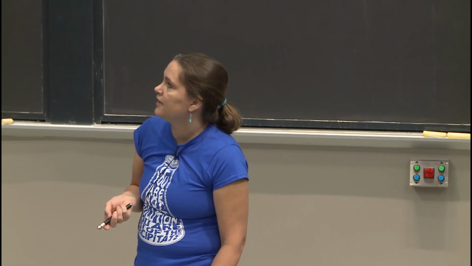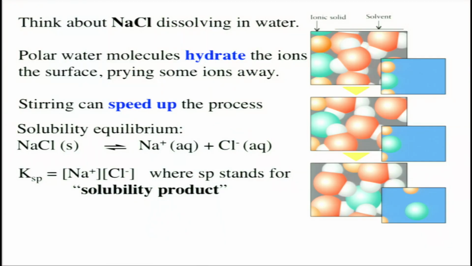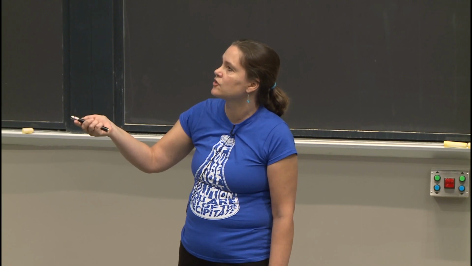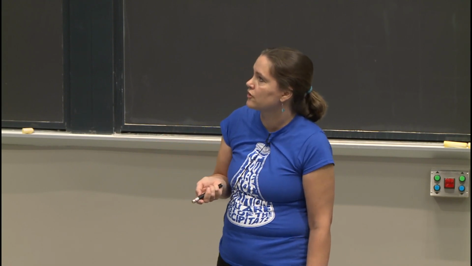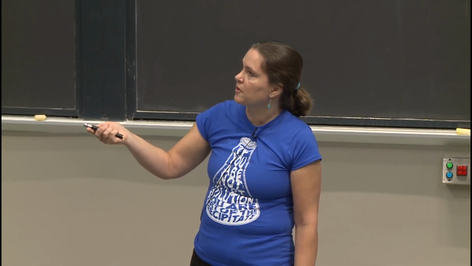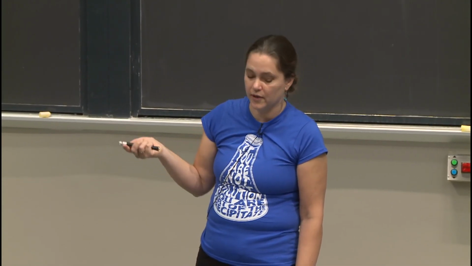We can write an equilibrium expression for this, and it has a special name, Ksp, where SP stands for solubility product. Ksp would be equal to the concentration of sodium ions times the concentration of chloride ions. Equilibrium constants are products over reactants.